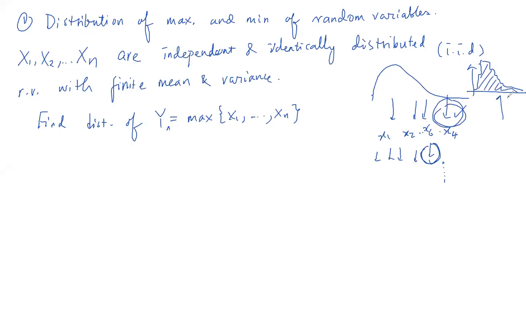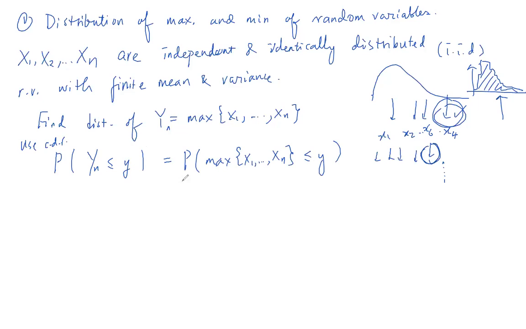Okay, so the max of X1 until Xn is still a random variable and it has a distribution. So you probably have already learned it in year 2, right? But just to refresh, yeah. So you use the CDF method. Okay, so this is the CDF. So this is equal to P(max less than or equal to y), right?